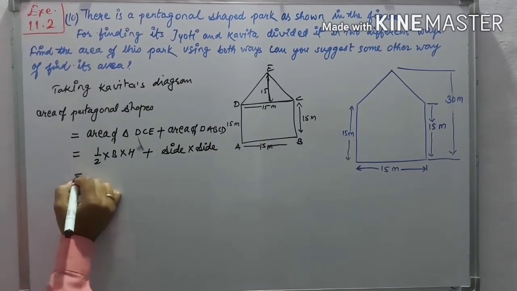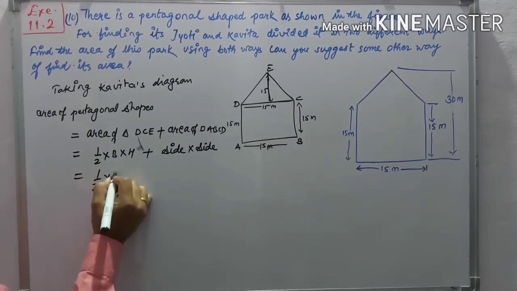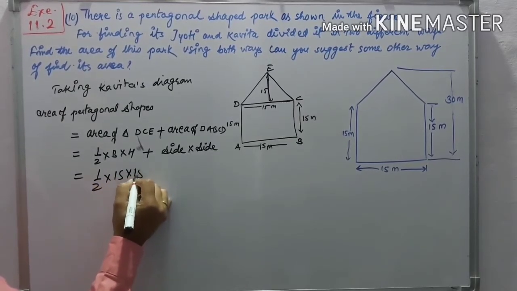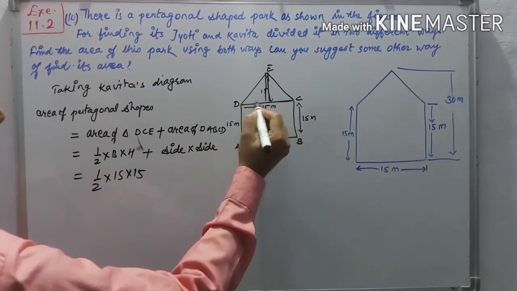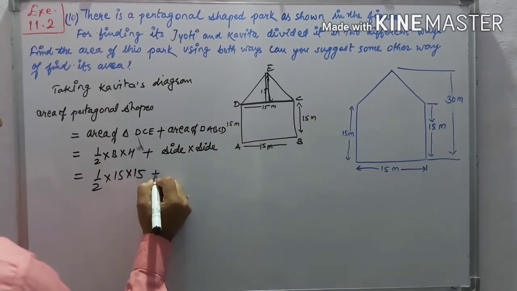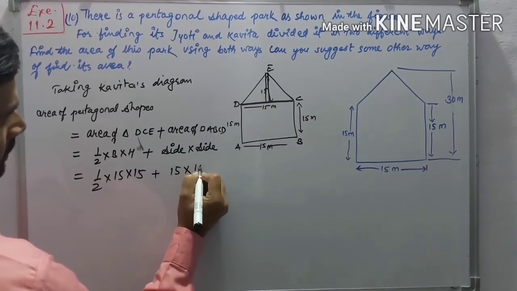Now put in the values: 1/2 into 15 into 15, because height is 15 and base is 15, plus side is 15 into 15.